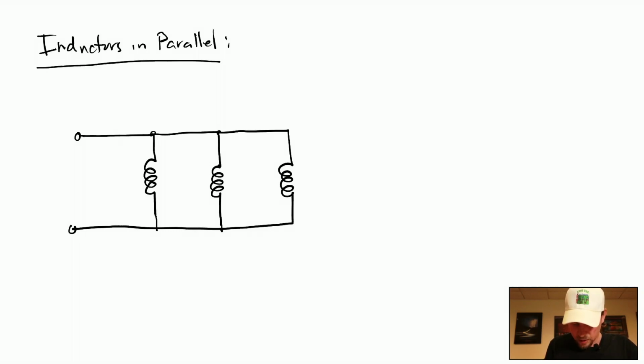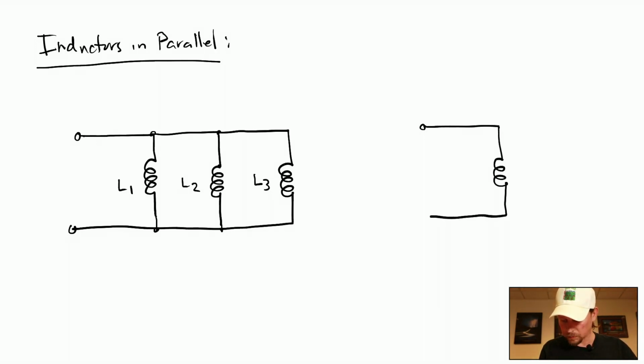The first inductor is characterized by an inductance L1, the second L2, the third L3. And on top of that, we have a second circuit that we're going to try to force to be equivalent that contains just a single inductor with inductance L equivalent like this.